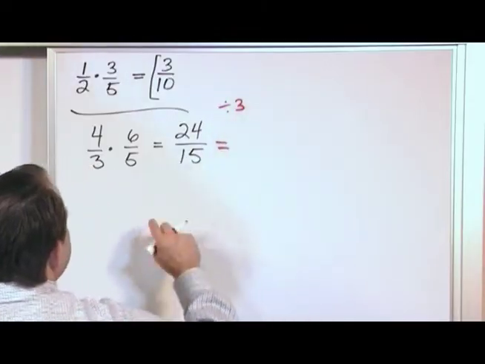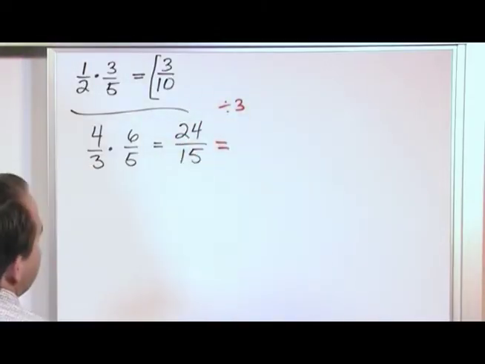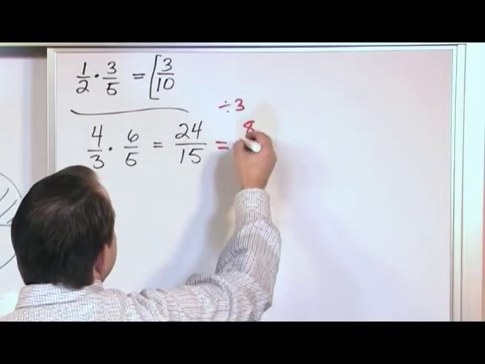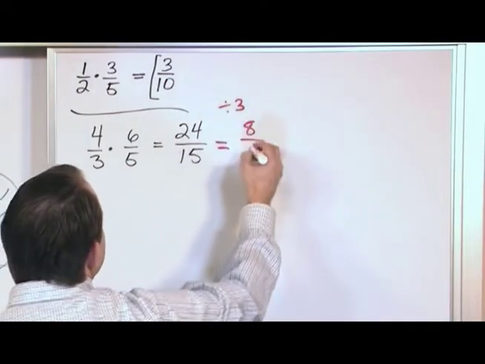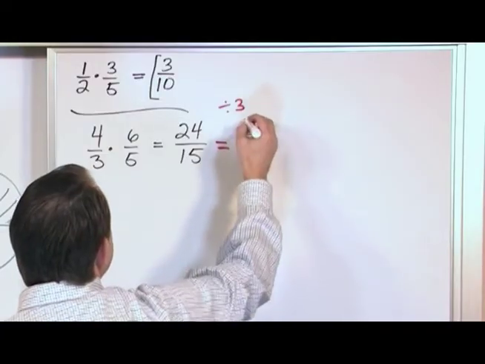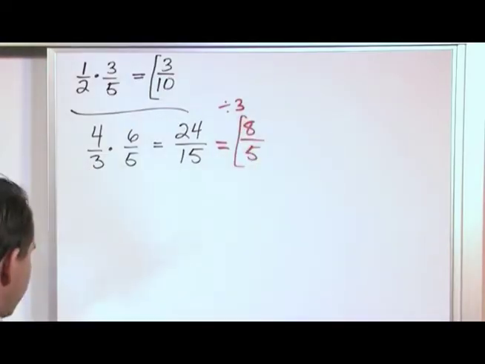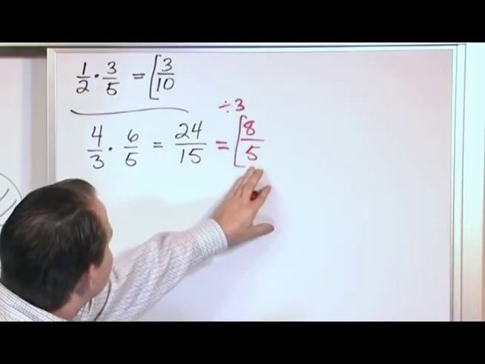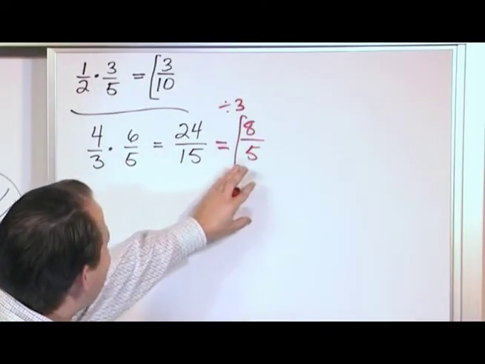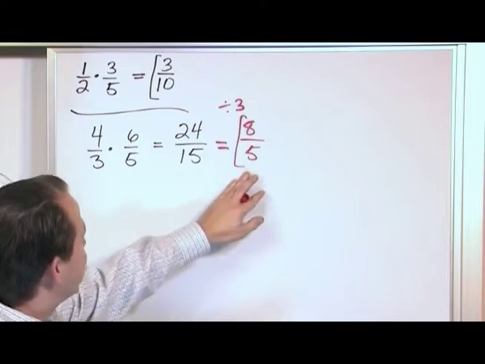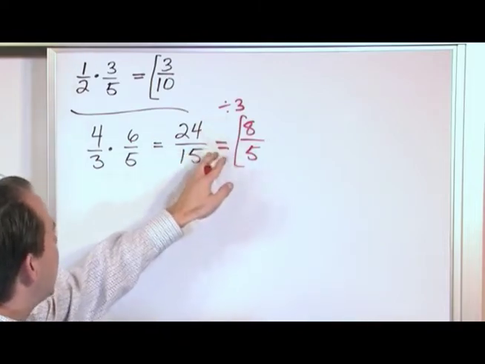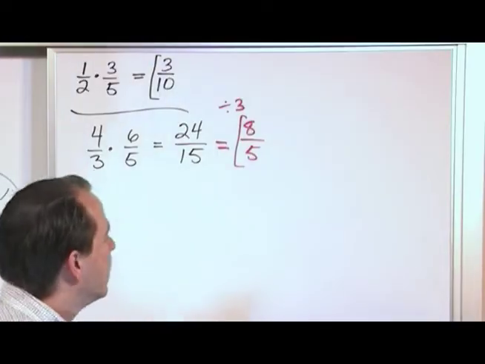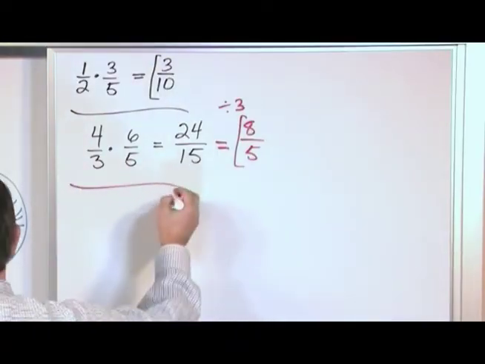I'll write that reminder to myself. 24 divided by 3 is 8, because 8 times 3 is 24. 15 divided by 3 is 5, because 5 times 3 is 15. So I have 8/5. So what I'm trying to say is when I multiply these fractions, this is the answer, but this is also the answer representing exactly the same amount of stuff. It's just written in slightly simpler terms, not quite as big of numbers, but it represents the same amount of material. Okay?